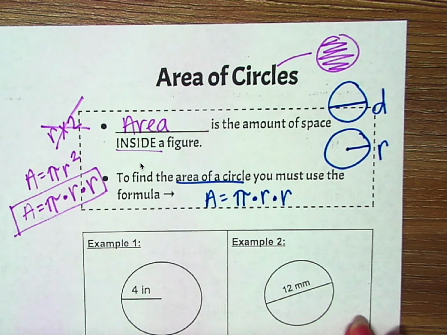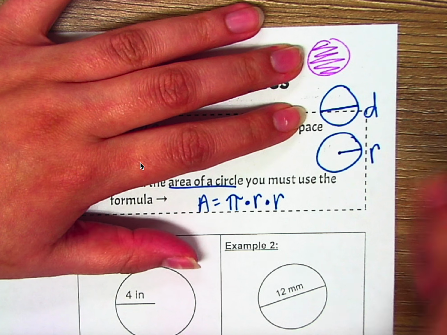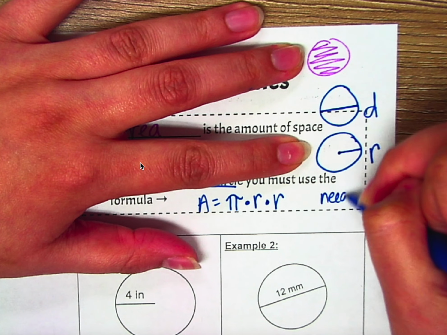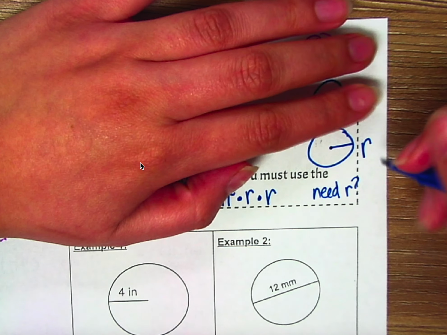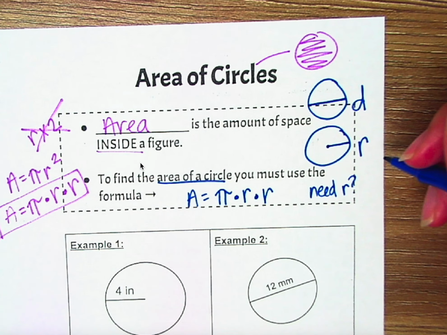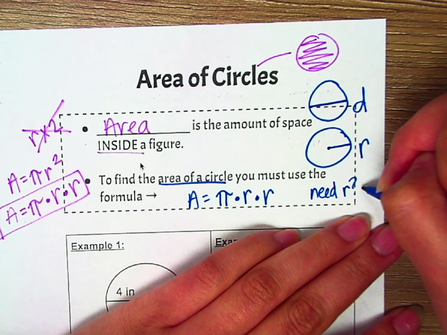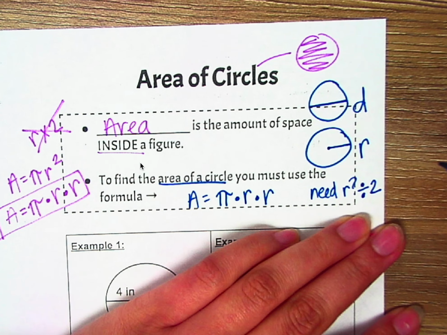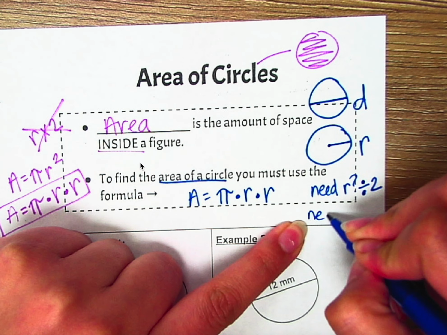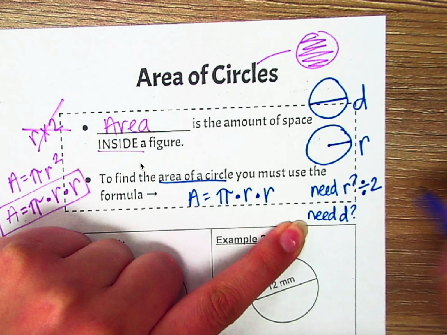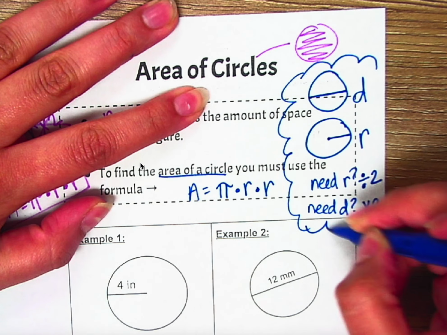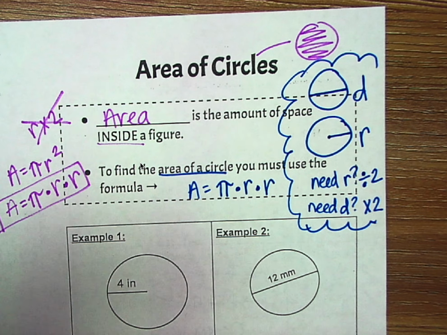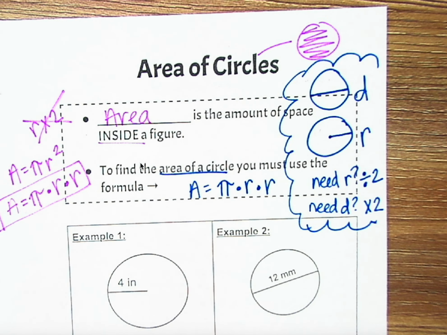I want you to put on the side right here, if you need to find your radius, you are going to divide by 2. If you need to find the diameter, you are going to multiply by 2. Okay? I want you to put like a little cloud around this part, because you are going to need it. You have to know how to get the diameter. You have to know how to get the radius.